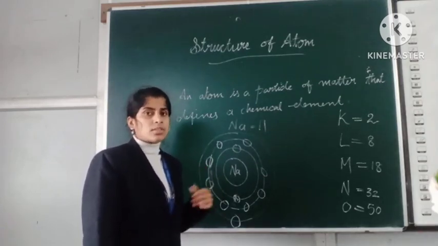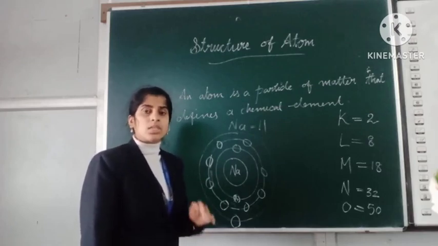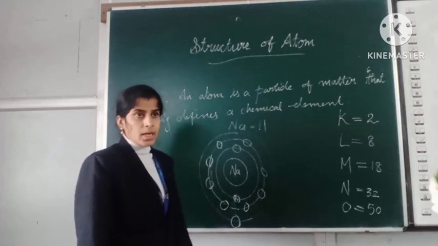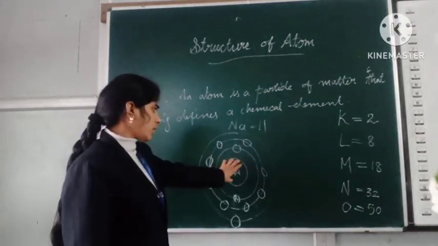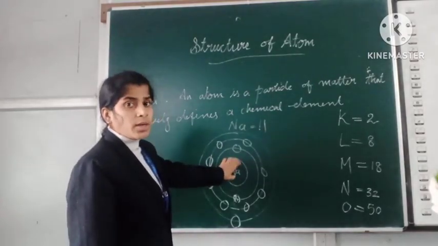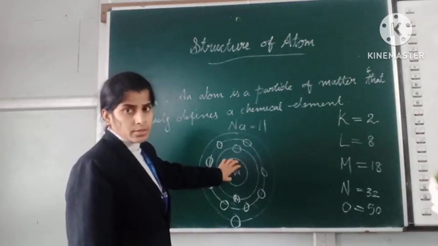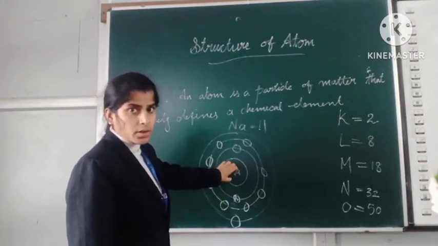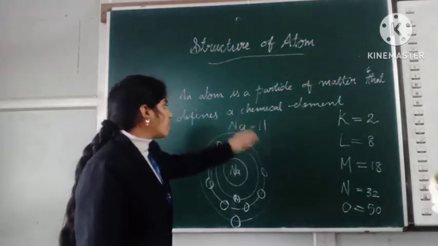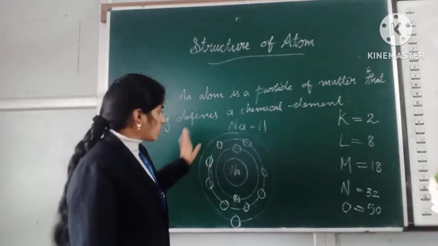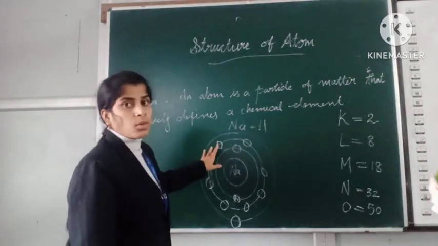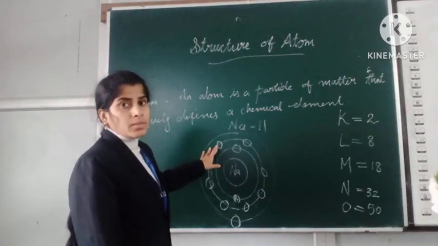The neutron has no charge, but its mass is equal to the proton. The proton and neutron are at the center of the atom, the nucleus, and all the electrons revolve around the nucleus. The number of protons and electrons, the atomic number, is equal.